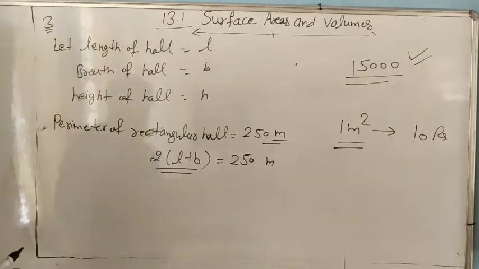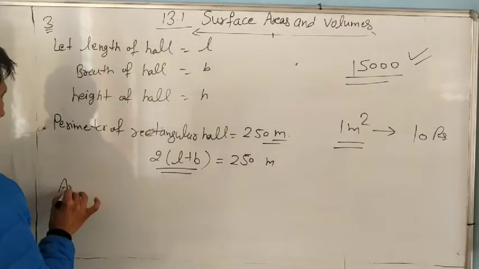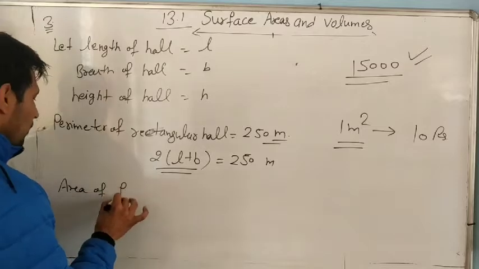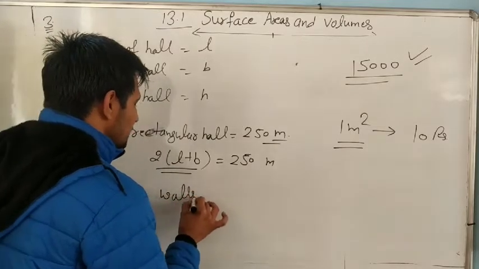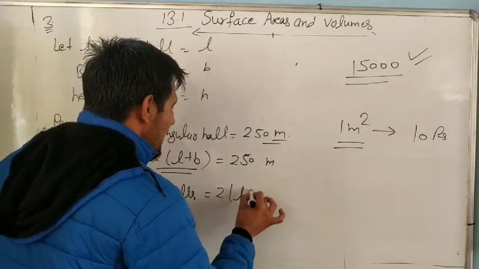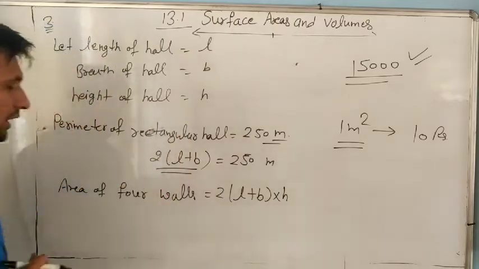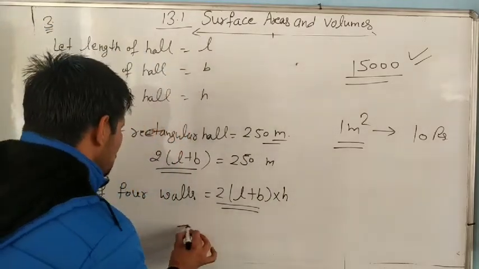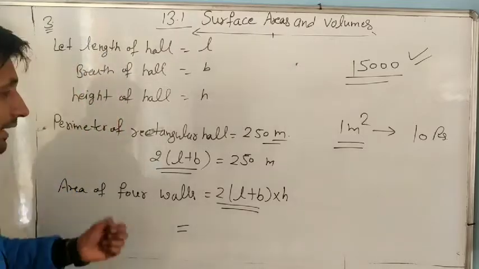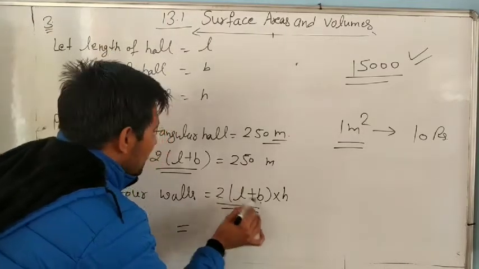Now we want to paint the four walls, so write the area of four walls: 2 into (L plus B) into H. What is the value of 2 into (L plus B)?